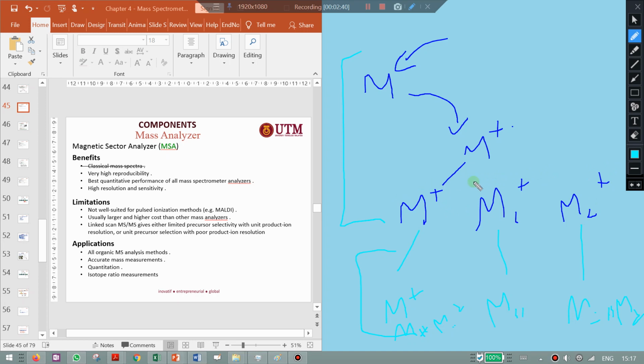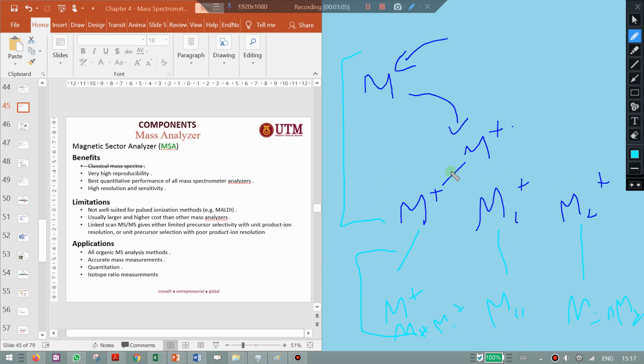Contohnya you kata you pilih satu yang paling unik from your fragment ions or molecular ion. For example, you usually kita akan run mass spectrum untuk the first MS. From the first MS kita akan tengok kepada base peak. Okay, kita akan select base peak. That base peak kita akan jadikan dia precursor ion.